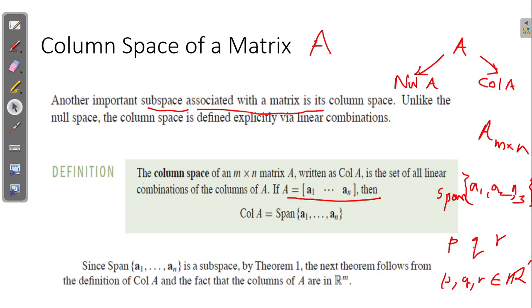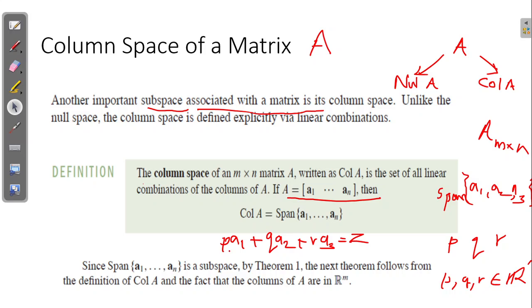So I will take these arbitrary variables P, Q, and R, and I will form a linear combination like this: P into A1 plus Q into A2 plus R into A3, equal to some Z. So this is what you mean by linear combination.